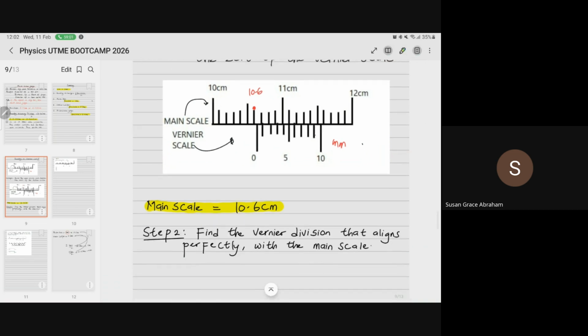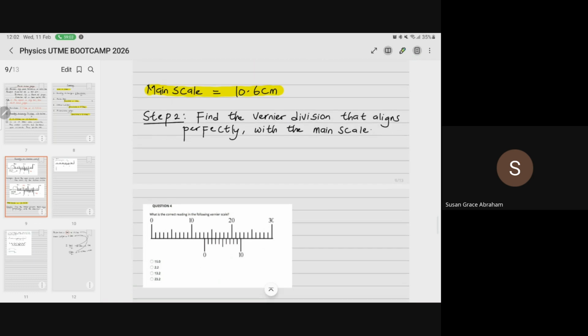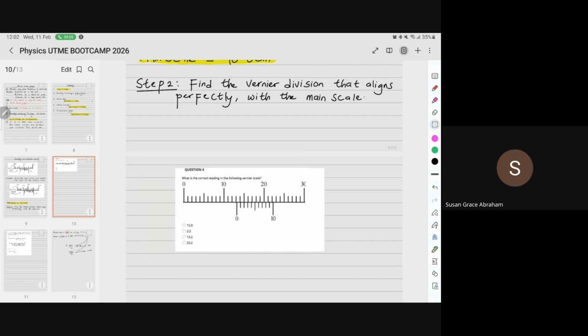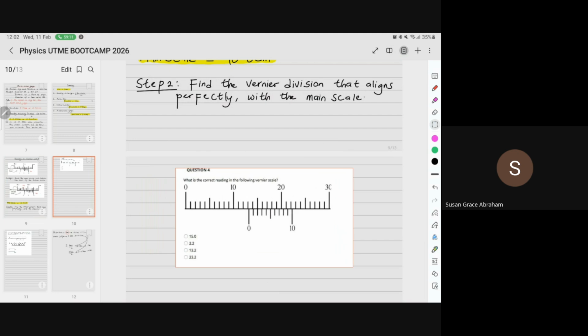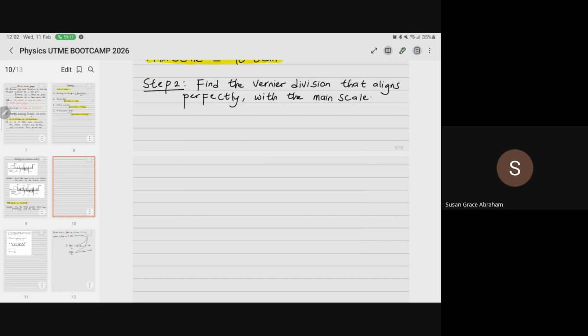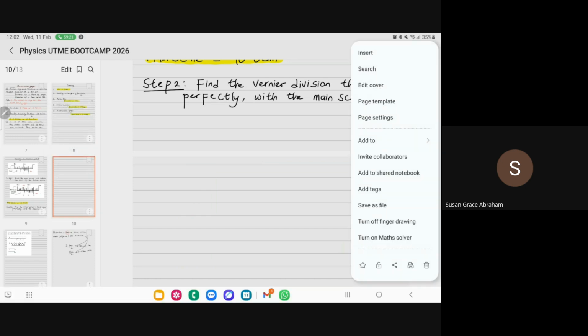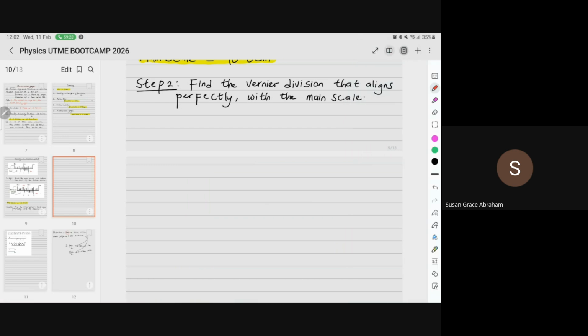So step 2 now says we should find the vernier division that aligns perfectly. So I want to do that now, right? So let's find the place that aligns. No, this is not the question we're working on. No, let me bring it back again. Sorry about the back and front, guys. It's all for good.